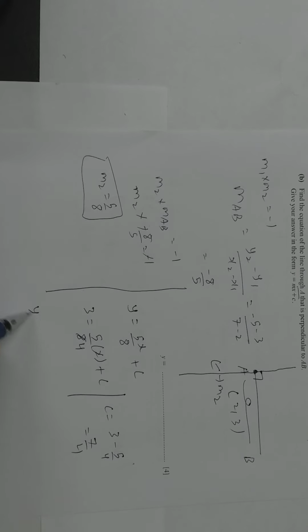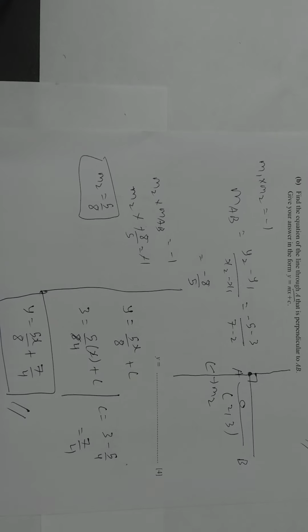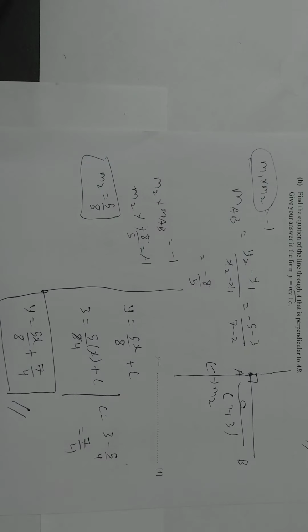So my equation is y equals 5x by 8 plus 7 by 4. Did you understand, students? Whenever perpendicular, this we use. It's a rule. If it is parallel, m1 equals m2.